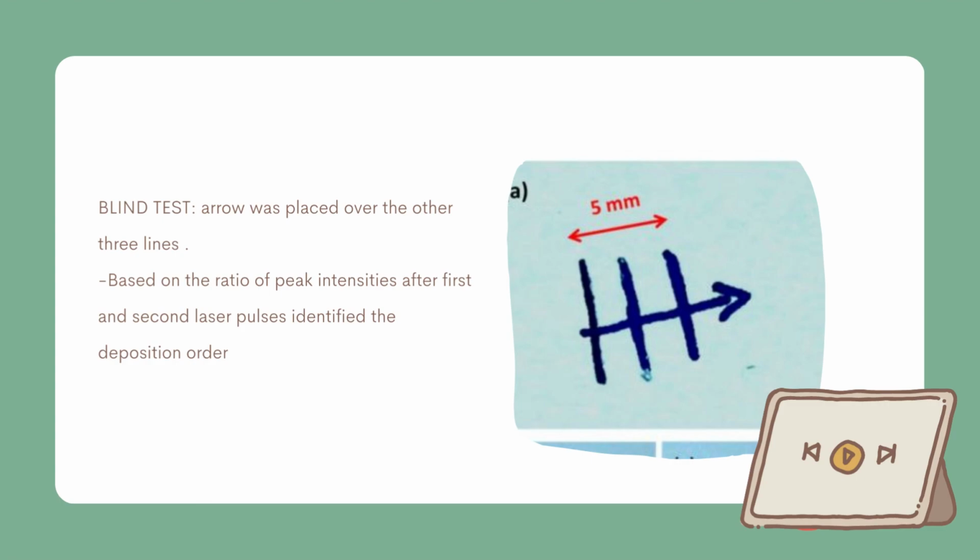Finally, in the blind test, where the arrow was placed over the other three lines, the approach based on the ratio of peak intensities after the first and the second laser pulses correctly identified the deposition order in 4 cases out of 6. The remaining 2 cases were inconclusive.